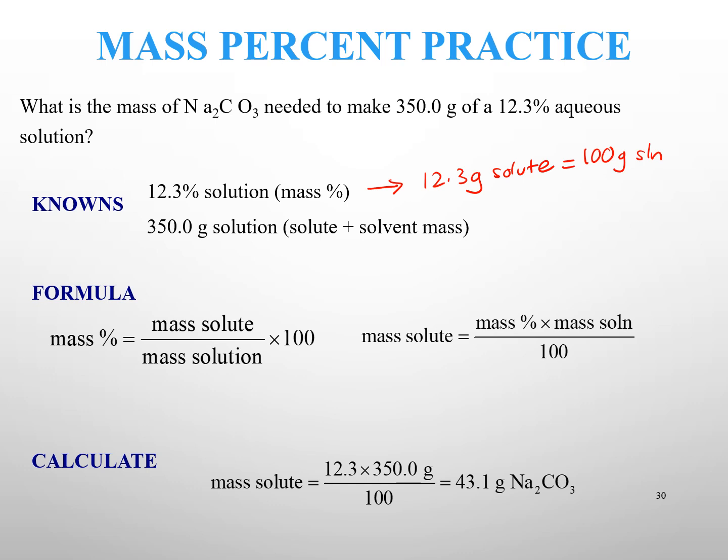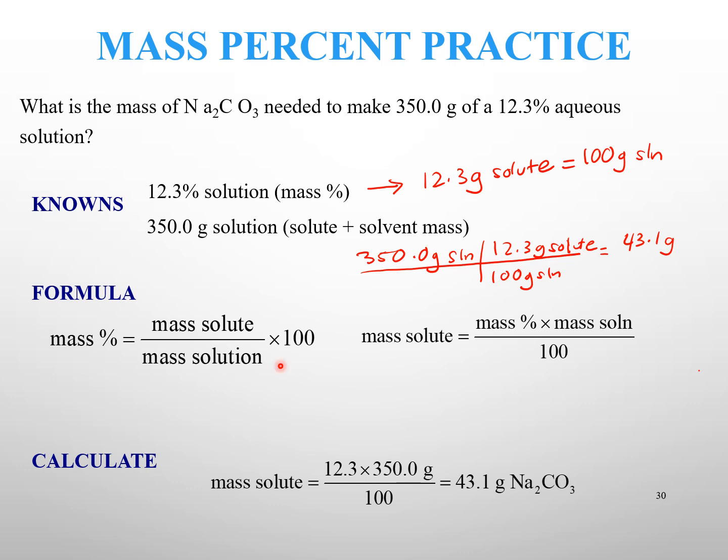So 12.3 grams of solute, 100 grams of solution, and we know we have 350 grams of solution. So 350 grams of solution, and I have 100 grams of solution to every 12.3 grams of solute. And I can get the grams of solute here, which is sodium carbonate. So you'll get the same answer, and it will be 43.1 grams.